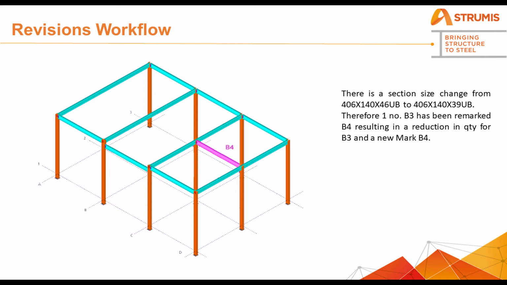So we're expecting in the revision screen on the import to see on the removed mark items a B3 and on a new a B4. So let's go ahead and take a look at what that's going to look like by processing this import.